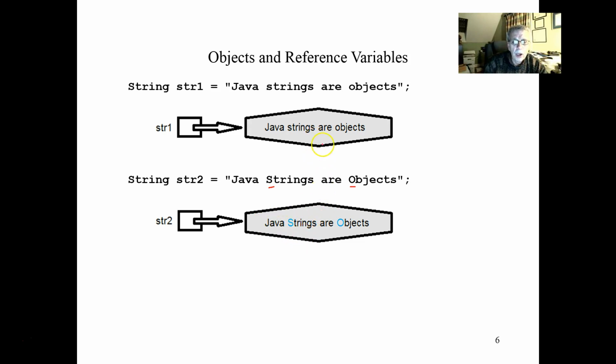The two memory locations could contain the same value, but str1 and str2 are pointing to different locations. So it's possible the same value could be stored in multiple locations, and str1 could be pointing to one of those locations and str2 pointing to another location. That's what was compared when we said str1 equal str2.